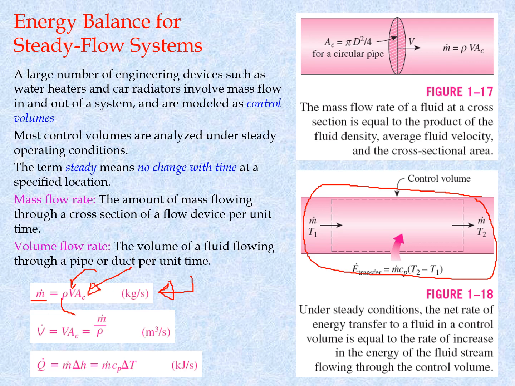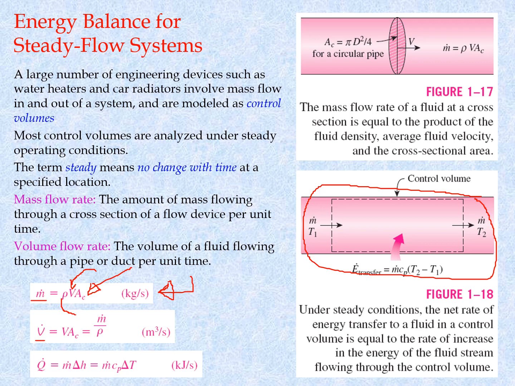Then we have the volume flow rate, V dot, which is equivalent to the mass flow rate m dot over density, or we can also calculate it from the velocity times the cross-sectional area. The unit is cubic meters per second.